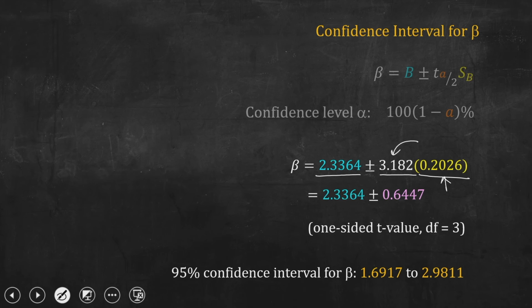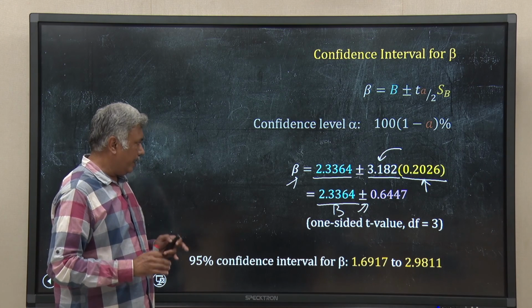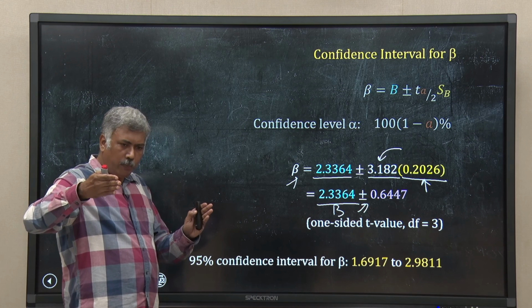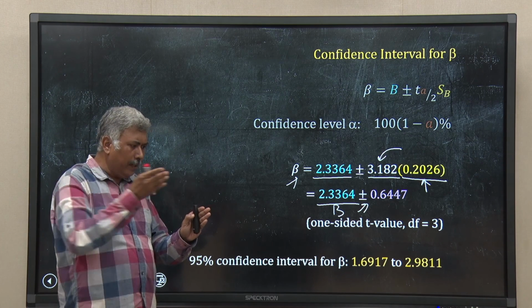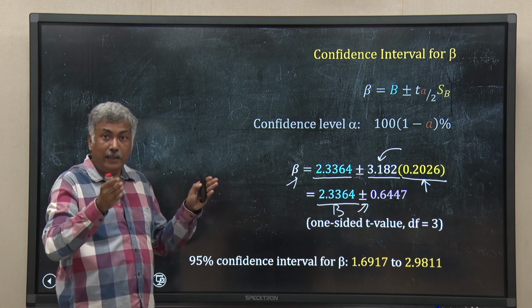The net result is I get beta equal to 2.3364, that is b, plus minus 0.6447. That means beta will lie in the range from 2.3364 minus 0.6447 to 2.3364 plus 0.6447.